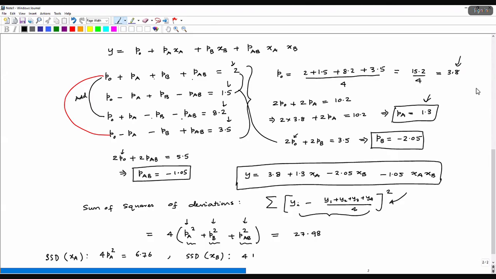Similarly, sum of square of deviation coming from XB is 4 PB square. PB already is here. So if you just substitute, you get 16.81. Similarly, sum of square of deviation of the interaction effect, that is XA XB, is 4 times PAB square.